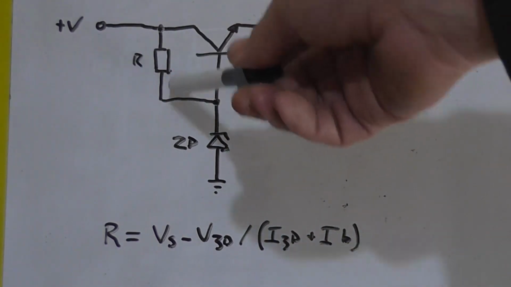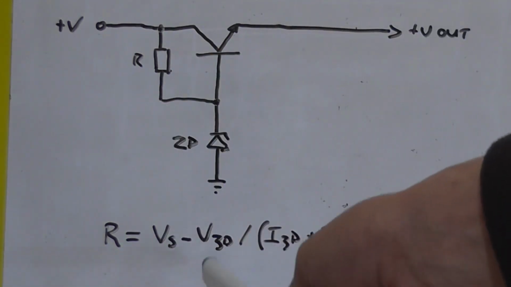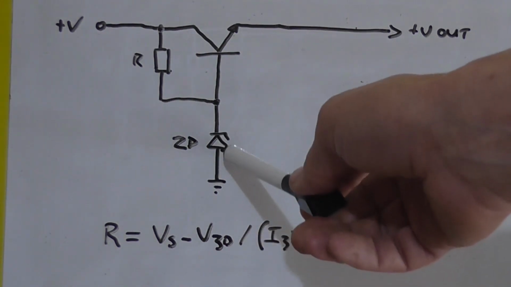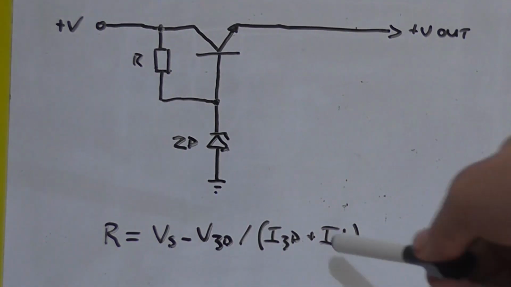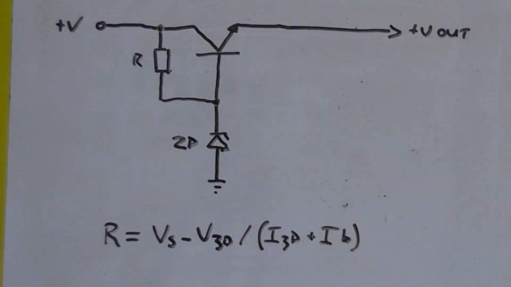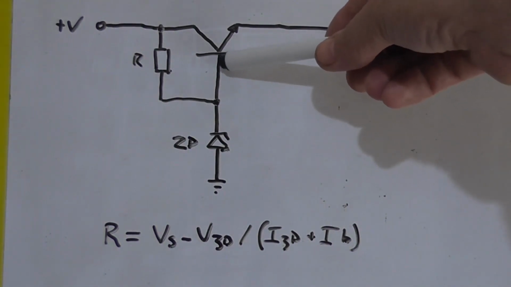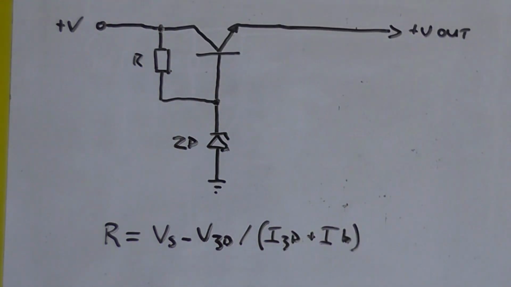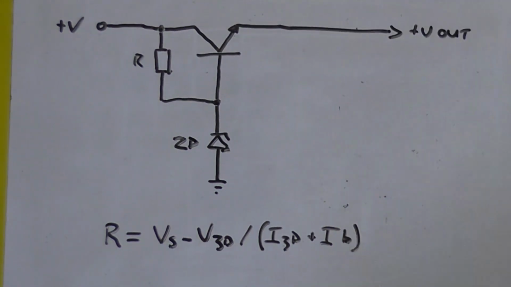Now, we've got a resistor here which we can calculate its value by taking the supply voltage minus the Zener diode voltage divided by the current of the Zener, which is usually around about 5 milliamps, plus the desired current we want on the base. So the way I work it is, if we want roughly 10 mA here, then we use a value of 15 mA in the final calculation. That gives a resistor value pretty close to where it should be.